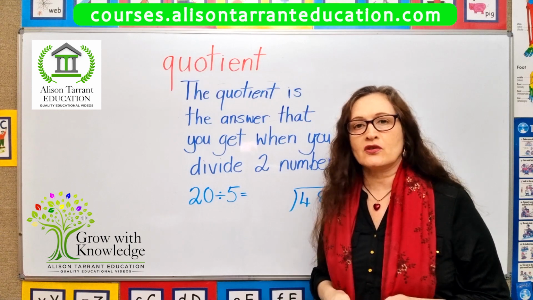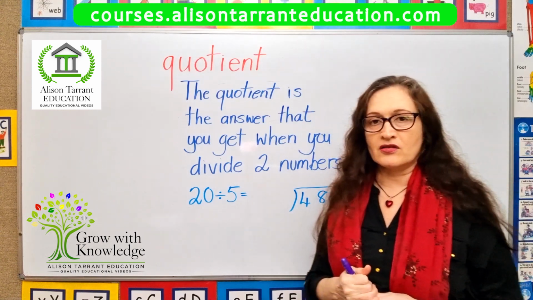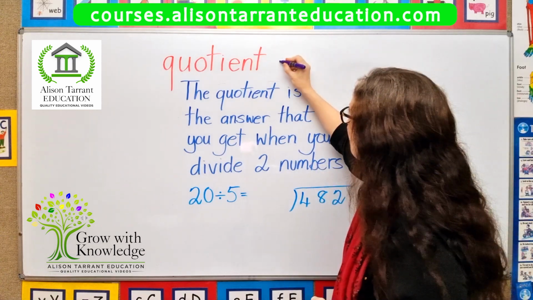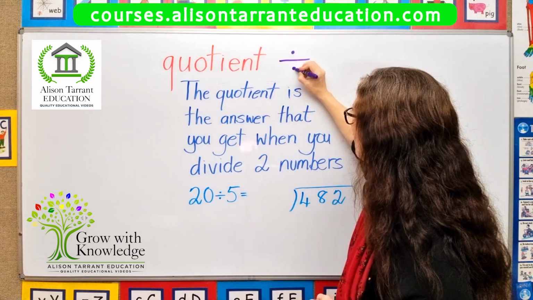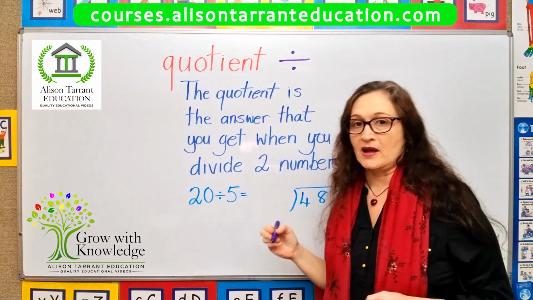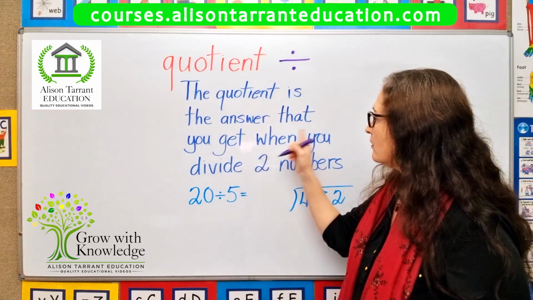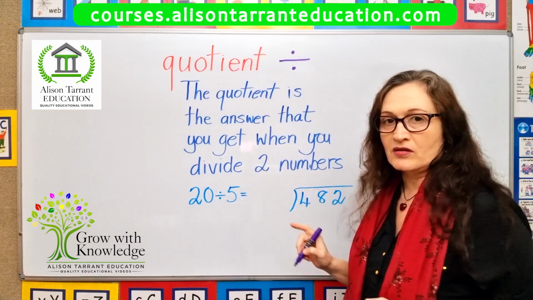Now let's have a look at the word quotient. What quotient actually has to do with is division. So quotient is to do with this symbol here when you're dividing things. And here is what it means. The quotient is the answer that you get when you divide 2 numbers.